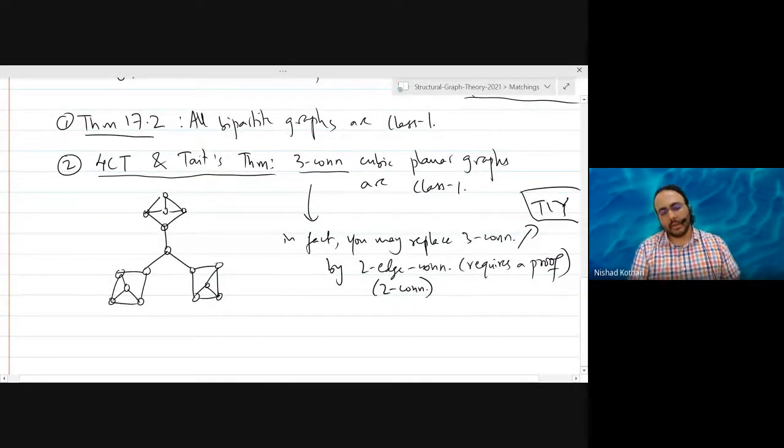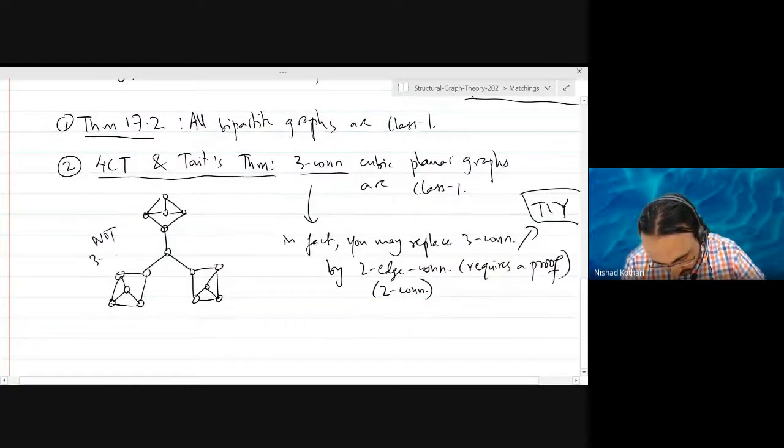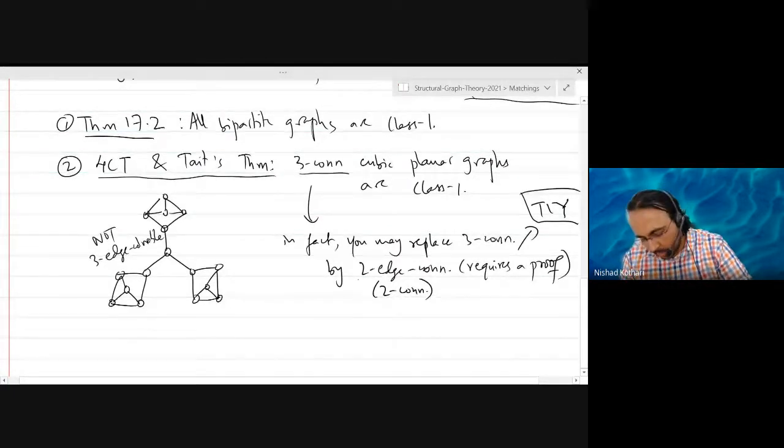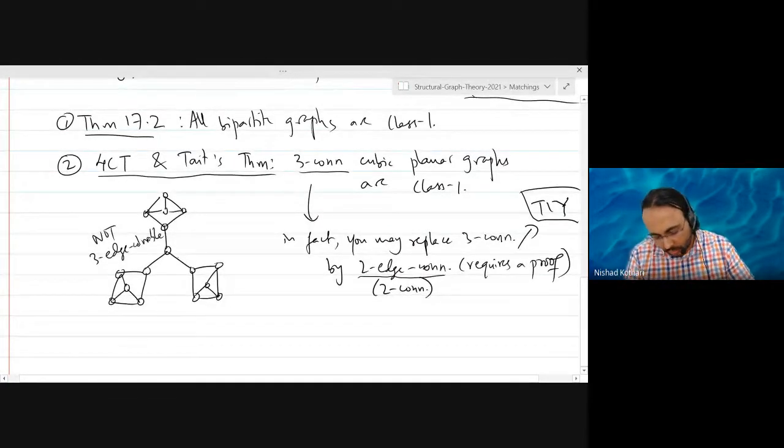Because if it was three edge colorable, you would have three disjoint perfect matchings, red, blue, and green. But this graph does not even have a perfect matching, as we discussed yesterday. So this graph is definitely not three edge colorable. So you need some connectivity condition, and two edge connected suffices. This graph is not two edge connected because it has cut edges.